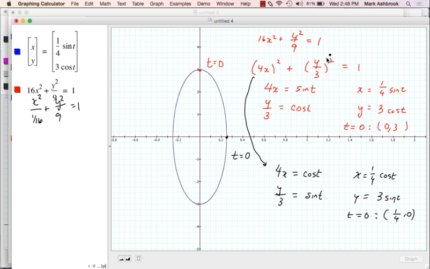Notice these are squared, right? So what could be another way we could do this, noting that these are squared?